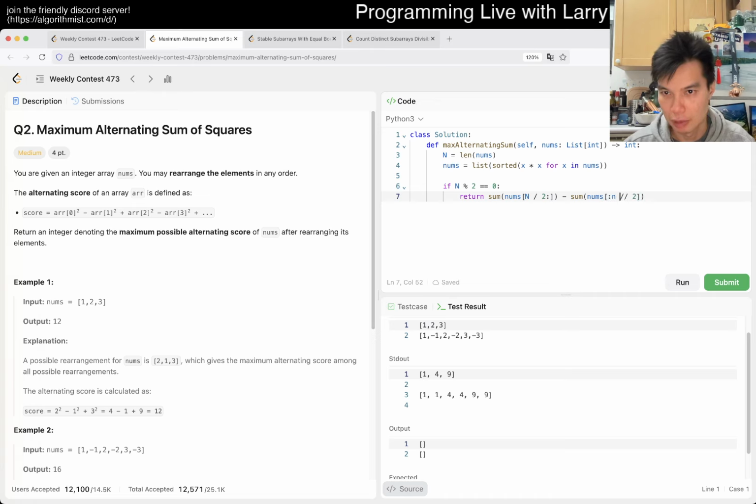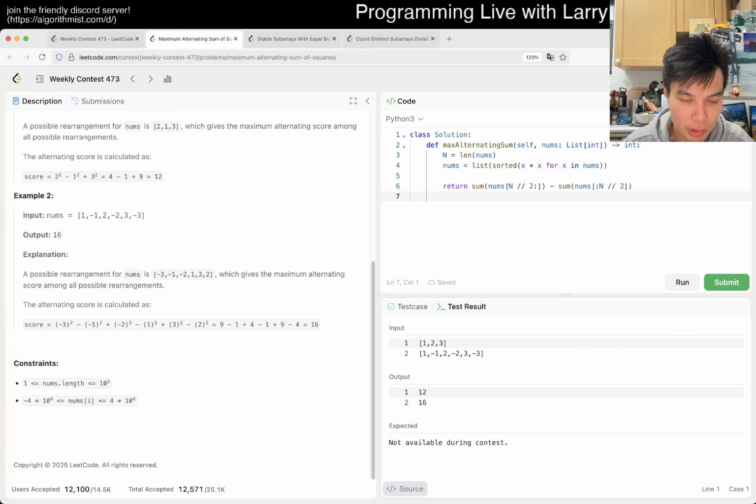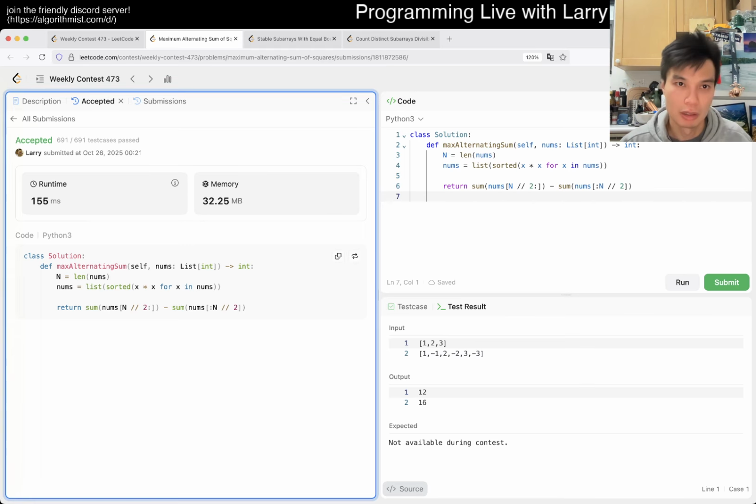Otherwise, we have an extra addition. So 5, we started 2. So I guess this is still right? We don't have off by 1, maybe? 12, 16. Alright, anything weird? Hopefully not. Okay, not that bad.